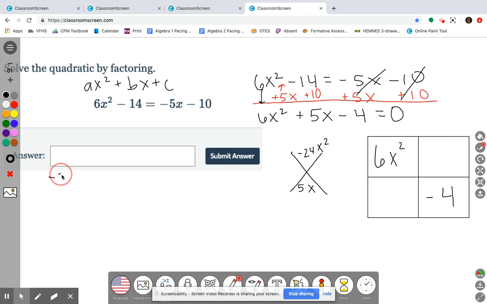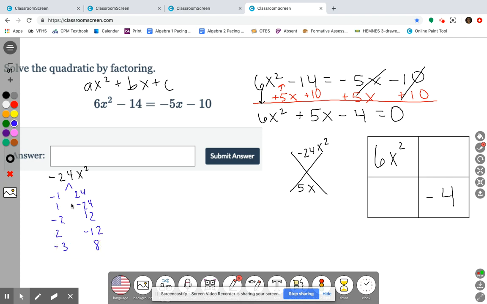We're going to try to finish our diamond by listing out everything that multiplies to -24x squared. -1 and 24, 1 and -24, -2 and 12, 2 and -12, -3 and 8.